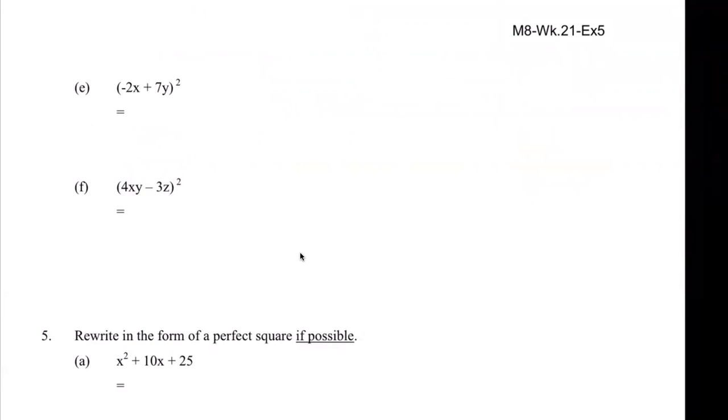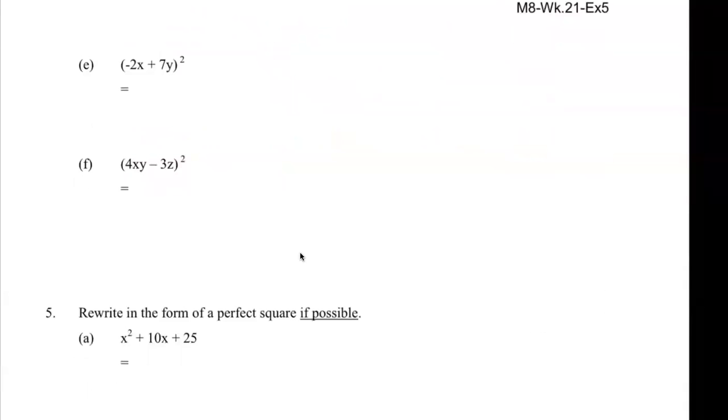We can see −2x as A and 7y as B. So if we see this as A and 7y as B, then the answer should be (−2x)² + 2 times −2x times 7y + (7y)².